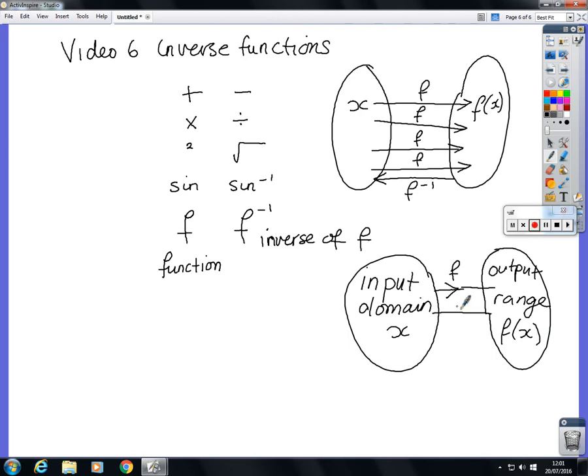The inverse can take us back again. For example, if you take a function where you add a number, to go back again it's a subtract. Multiply by 3, to go backwards you divide by 3. That reverses the process, or becomes its inverse.